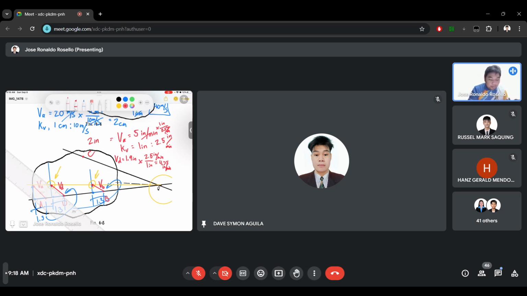Then for velocity B, we have to measure it again using our ruler. How long is it? It's around 1.5. So if velocity B is equal to 1.5 inch, let's multiply it by the velocity scale. For every 1 inch, we have 2.5 inch per minute. Cancel inch.